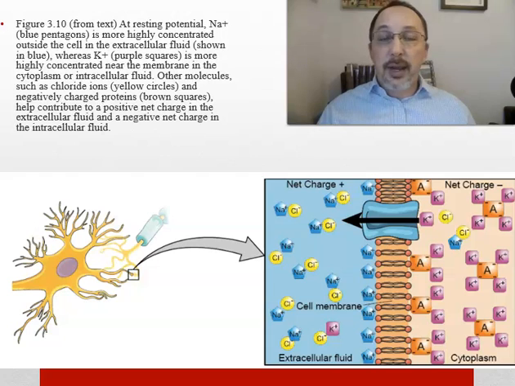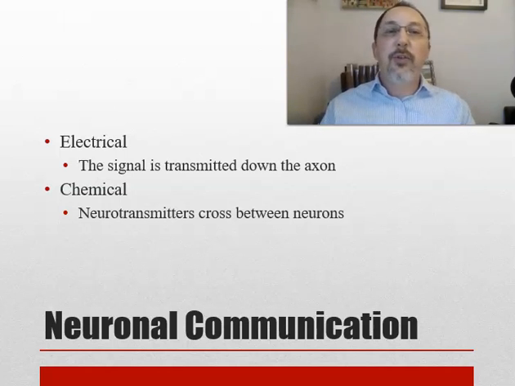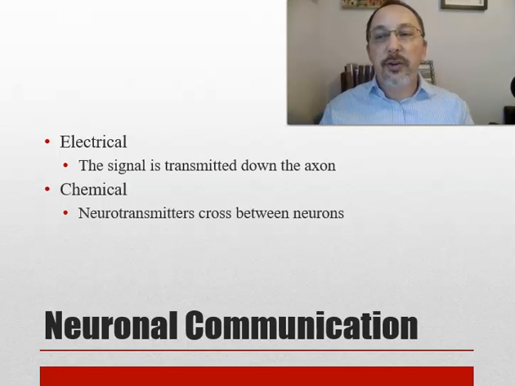So when you open that channel, sodium wants to go from high concentration to low concentration for both charge and sodium concentration. When you open your potassium channels after that, you've got way more positive inside and way more potassium inside, so the potassium wants to go out. So that's how the neuron is basically firing, which is really incredibly simplified and really ignoring a lot of information.